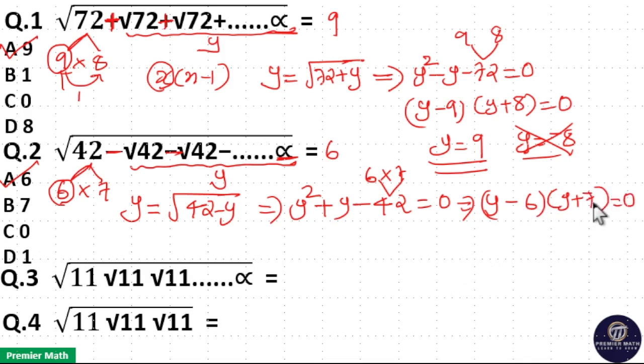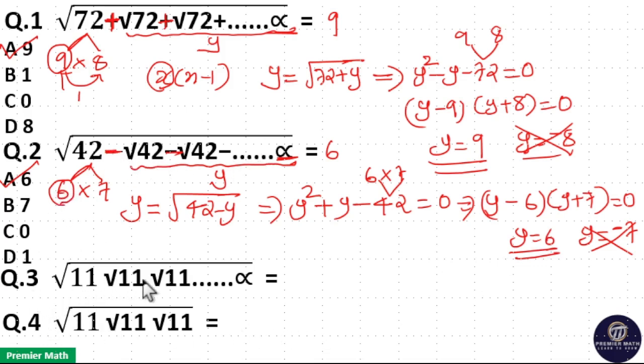That is, minus 6 into plus 7 is minus 42, and minus 6 plus 7 is equal to plus 1. So here y is equal to 6, and y equal to minus 7 is not possible because y should be a positive value. That's why I said take the smallest number if you have a negative sign between the numbers.